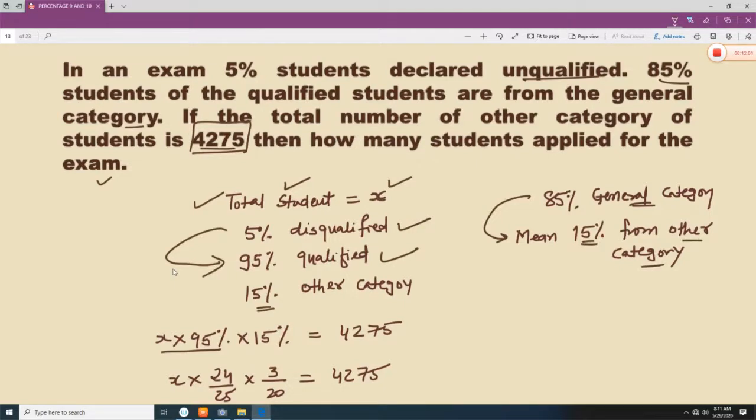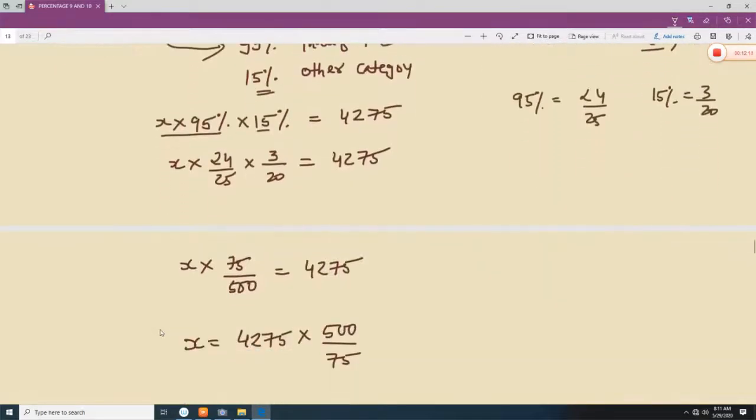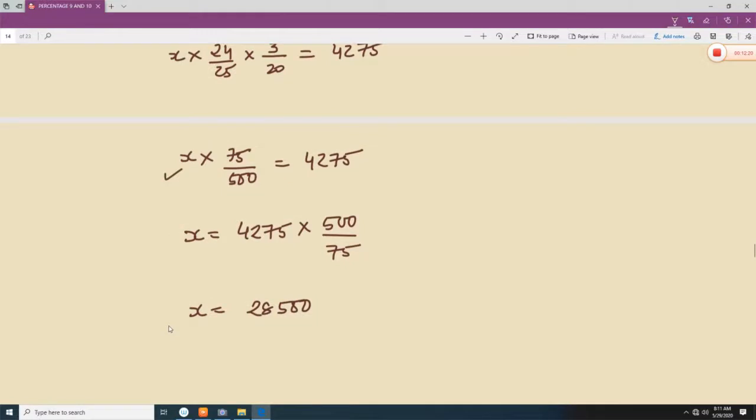So 15% you have to write down here. Now 95% means 19 by 20 and 15% is 3 by 20. When I put together and solve for X, X is equal to 28,500.